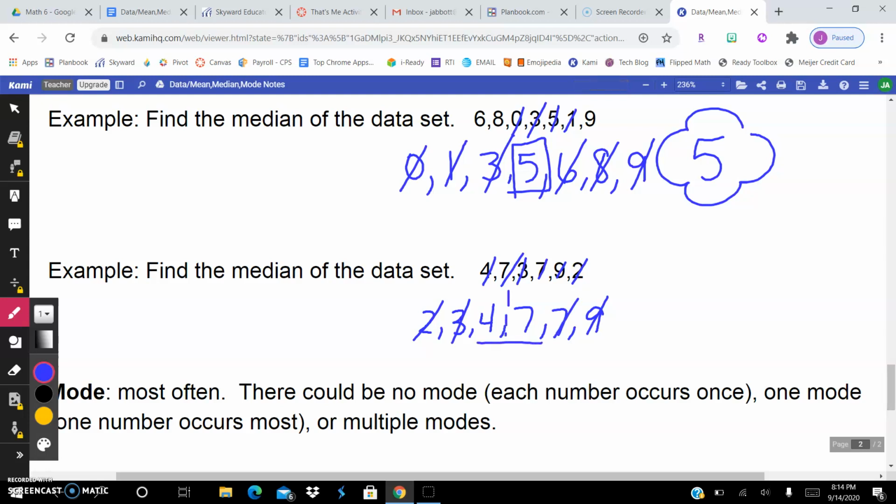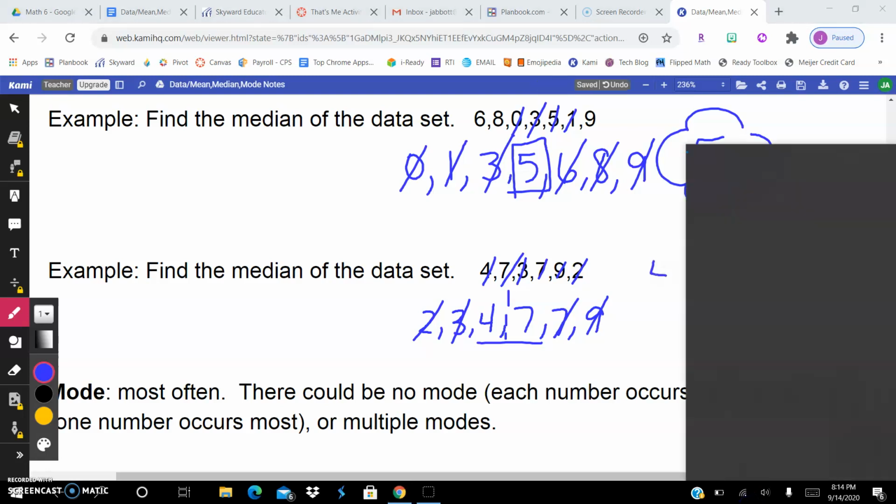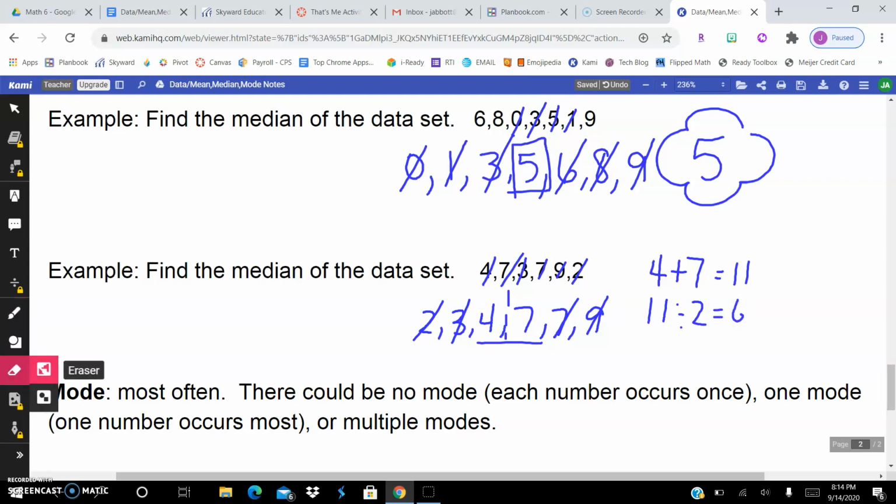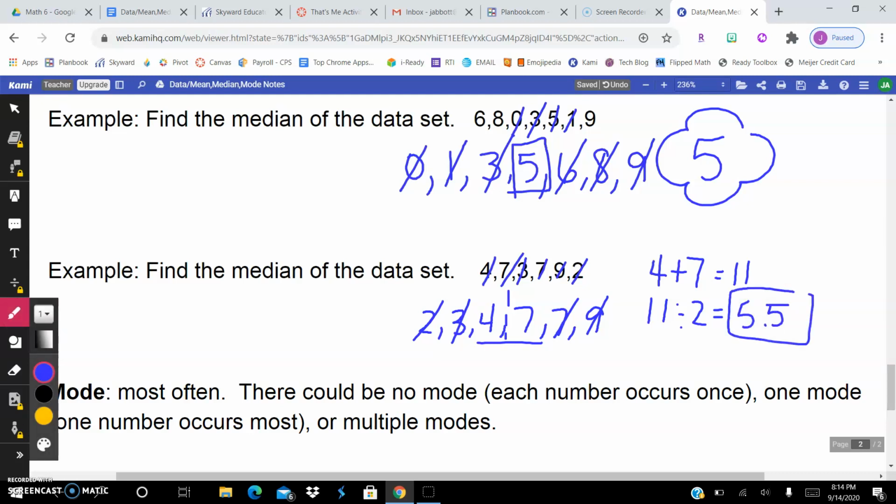So our median is actually right here in the middle between 4 and 7. So we find the average of 4 and 7 by adding it together and then dividing it by 2. So half of 11 would be 5.5. So the middle number here is 5.5.